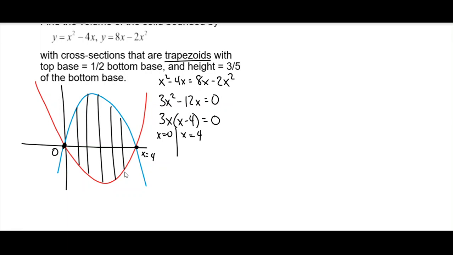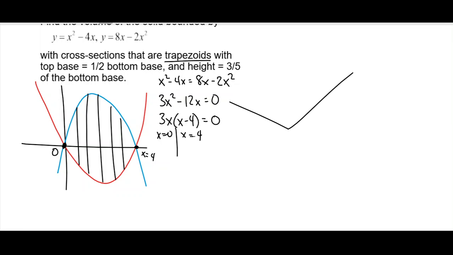I'm going to go ahead and draw this three-dimensionally, and the area that is popping out of this base is going to be a trapezoid. So let's go ahead and draw this over here. I'm going to try my best here. First of all, we have y is equal to x squared minus 4x.